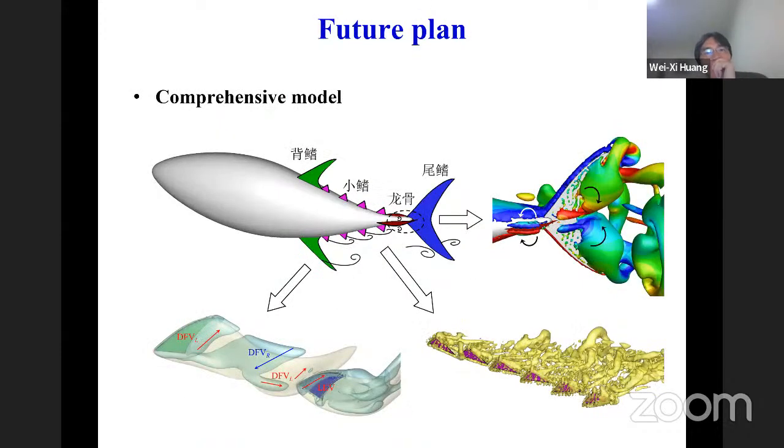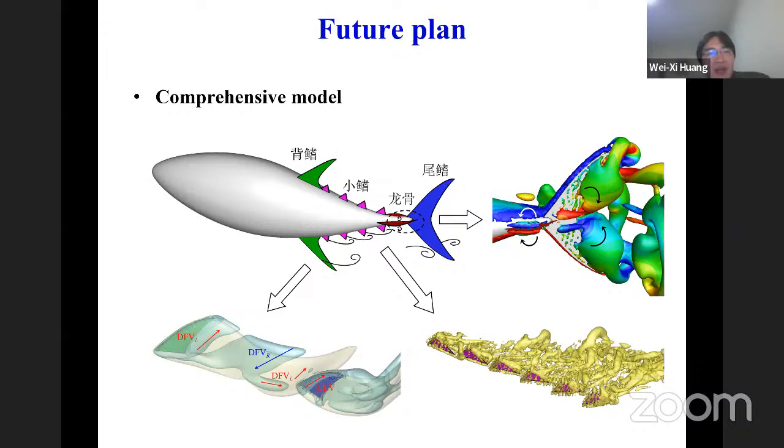Okay, so in the near future, I may also conduct some further research from several aspects. One is a more comprehensive model, like this figure shows.